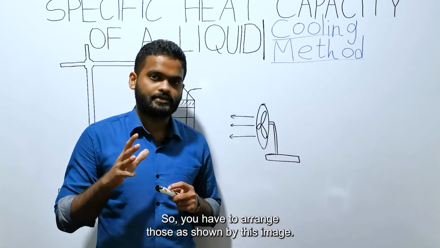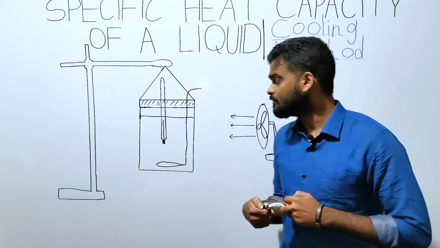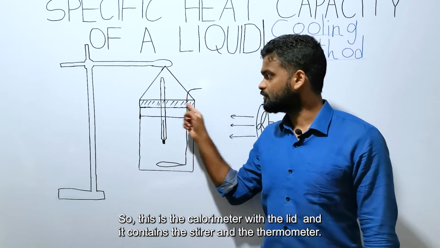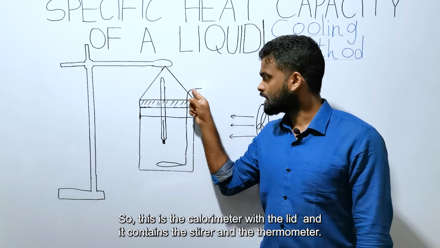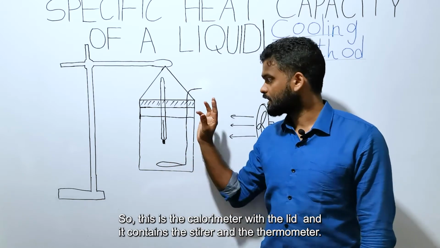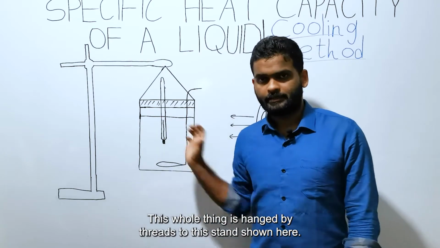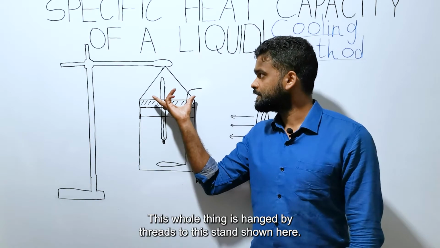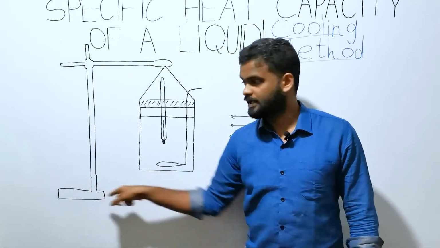So you have to arrange those as shown by this image. So this is the calorimeter with the lid, and it contains the stirrer and the thermometer. This whole thing is hanged by threads to this stand shown here.